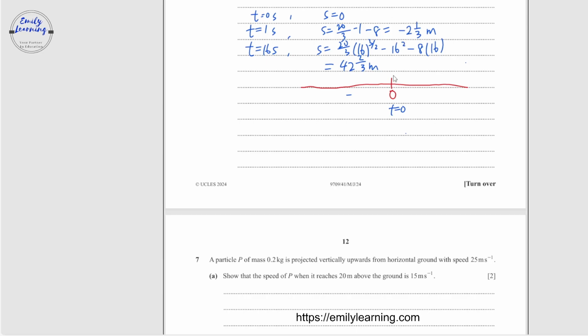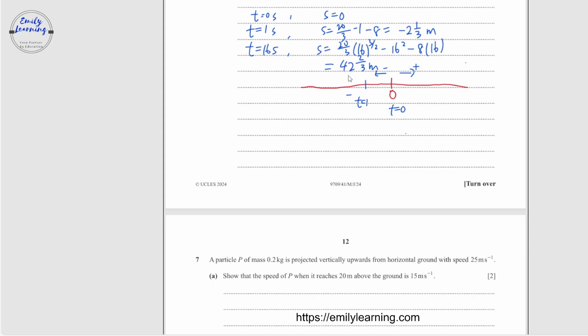When you have a negative displacement, it just means that it's in the opposite direction from O compared to the positive. So if I take this direction as positive, then this direction will be negative. So negative 2 1/3 meters will be here. This is at t equals 1.